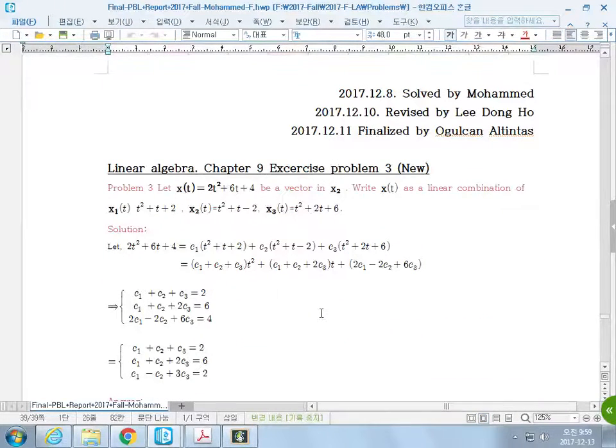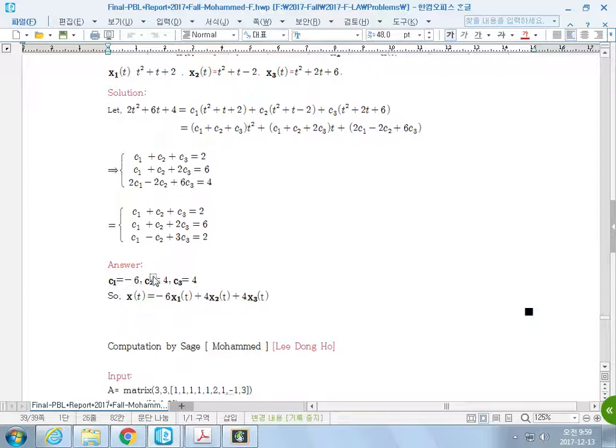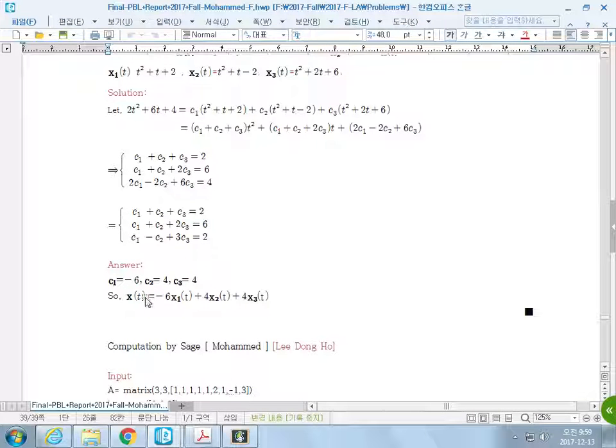And now I will go to the second problem. The second problem was asking to write x as a linear combination. So we have three equations here. So the solution was we let 2t squared plus 6t plus 4 be formed by multiplying the three scalars C1, C2, C3, and we have these, which will give us the linear combination in terms of x, which will be C1 equal minus 6, C2 equal 4, and C3 equal 4.